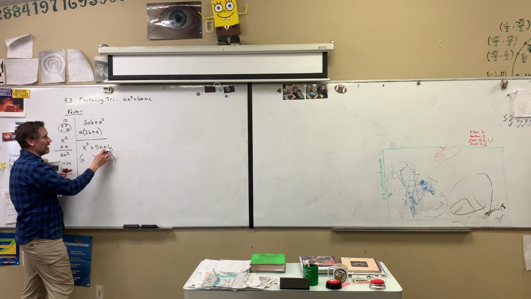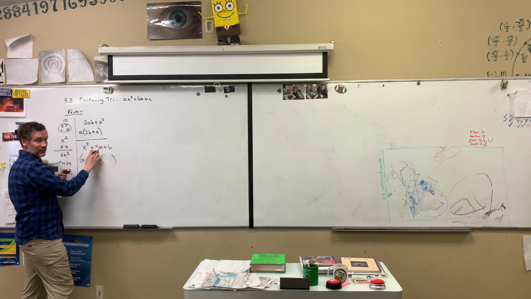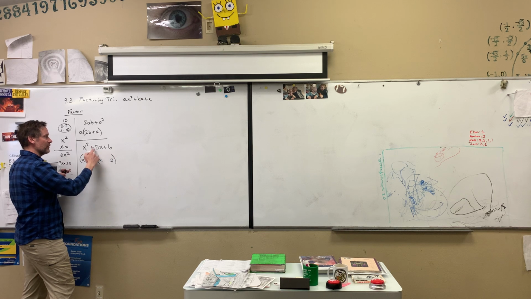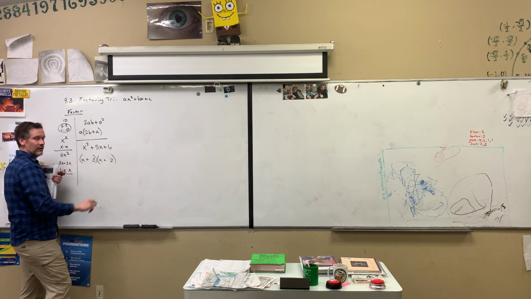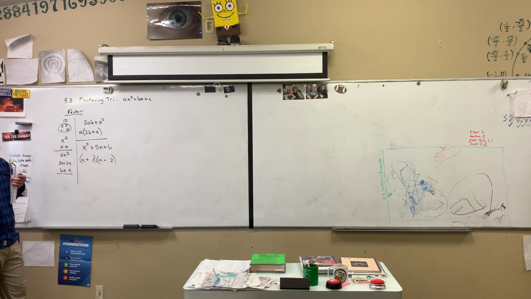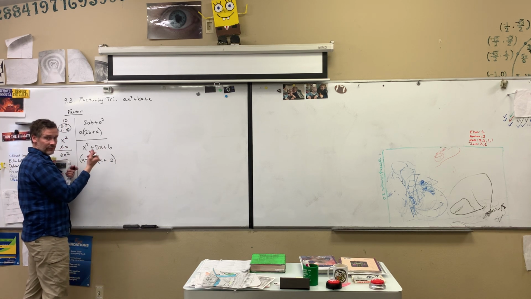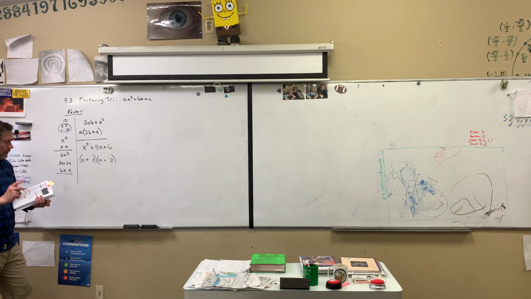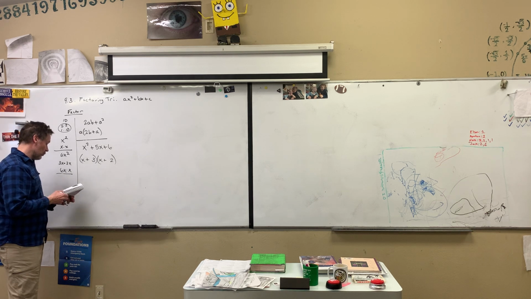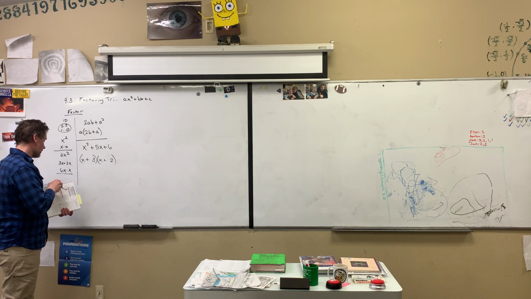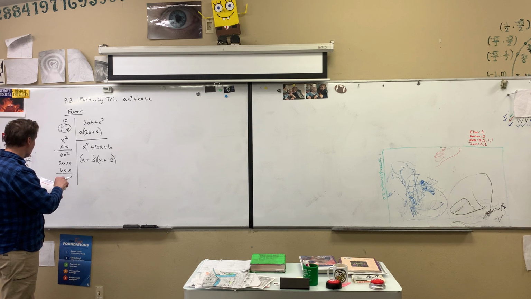So we said, well, we could go 6 and 1, but 6 plus 1 gives us 7. So therefore we said 3 and 2. If it was plus plus, we went plus plus. And then we would check it, right? We would do the outers, 2x and 3x is 5x. And we got it.